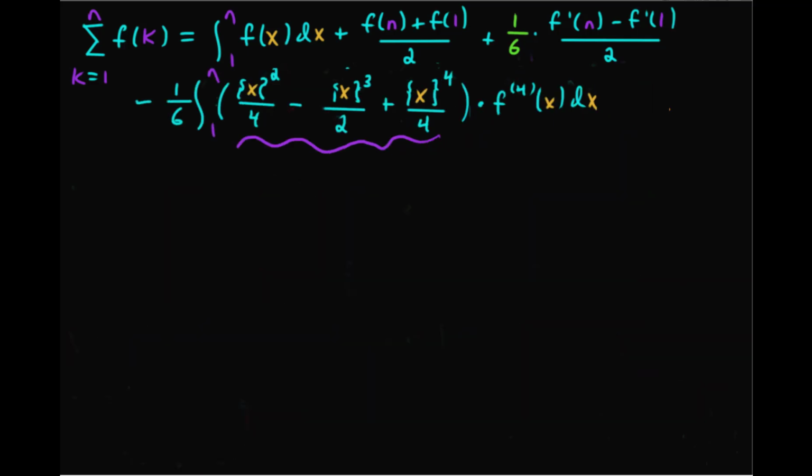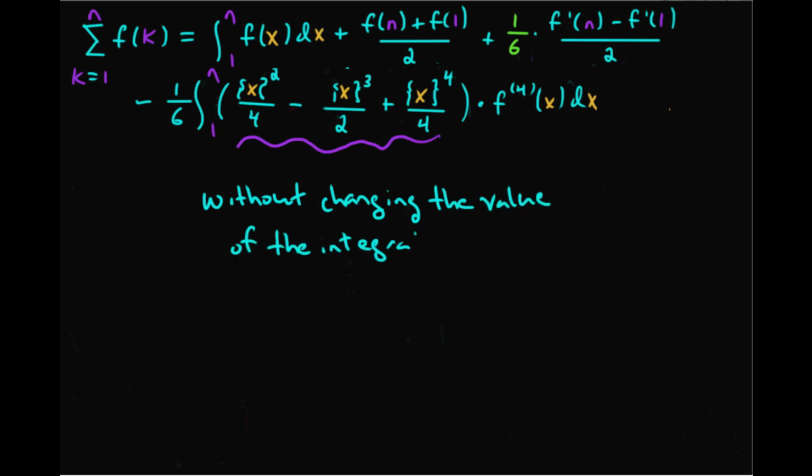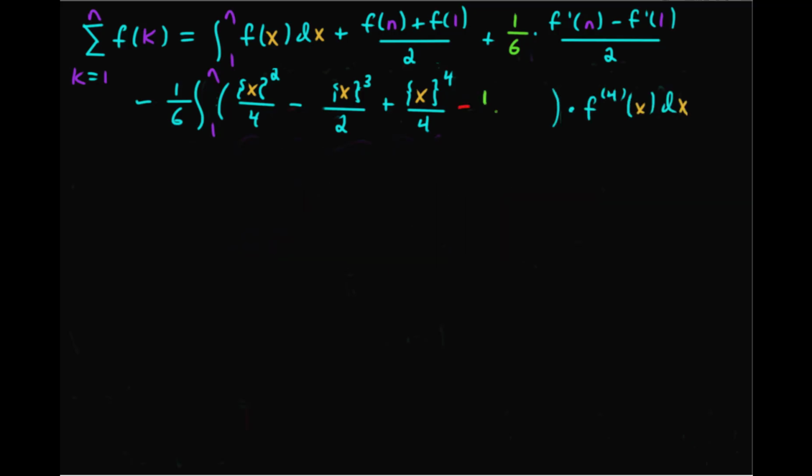We're going to add a creative form of 0 inside the integral that will change the integral's form without changing its value. And so again, without changing the value of the integral, I'm going to rewrite the terms inside parentheses as the fractional part of x squared over 4 minus the fractional part of x cubed over 2 plus the fractional part of x to the fourth over 4, and now here's the trick, minus 120 plus 120, close parenthesis.